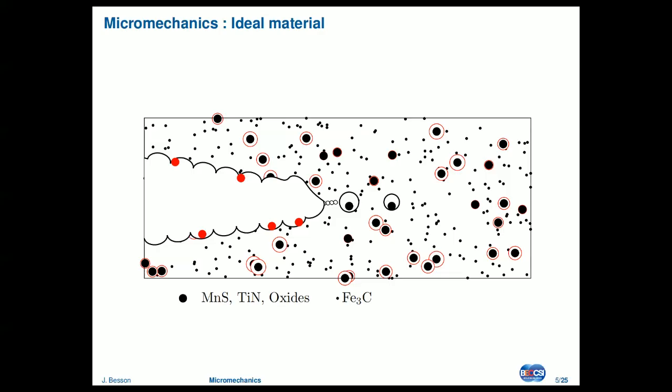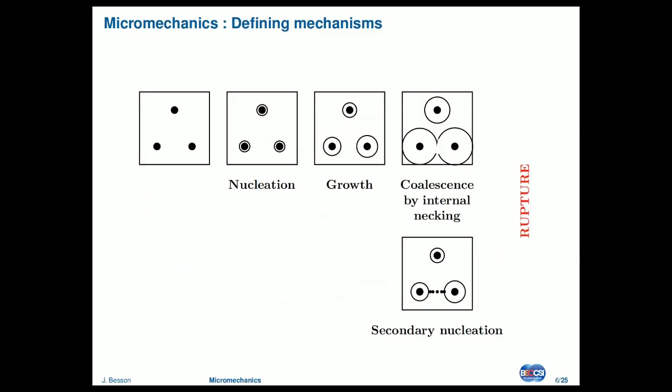And if you go to the usual presentation of ductile fracture, we have material with inclusions, the black dots here, and for me, that's the coarse one. You strain a little bit, we have nucleation, and in these materials very fast. The voids will grow, and ultimately they will coalesce.